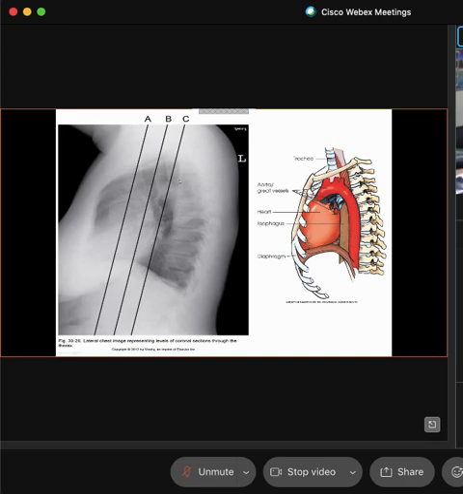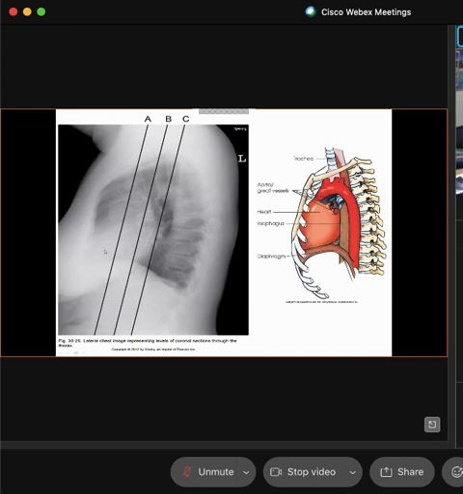Anterior to the vertebrae, we have the esophagus and we also have the trachea. Anteriorly, we have the apex of the heart. So the heart slants from posteriorly at the aorta all the way to the apex. It slants anteriorly.